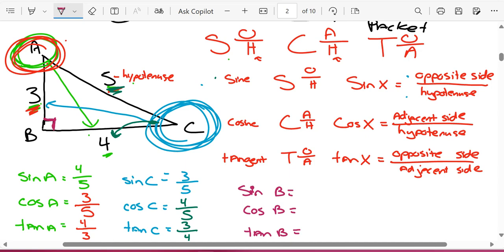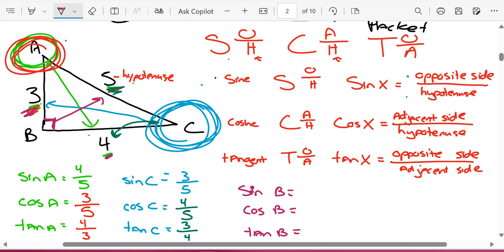Sine is opposite over hypotenuse. So if we go opposite angle B, that is the hypotenuse. So that's the first kind of one where it should be like, wait, what? In addition, if we thought about the cos of B, both of these are adjacent. So we have an issue there as well.